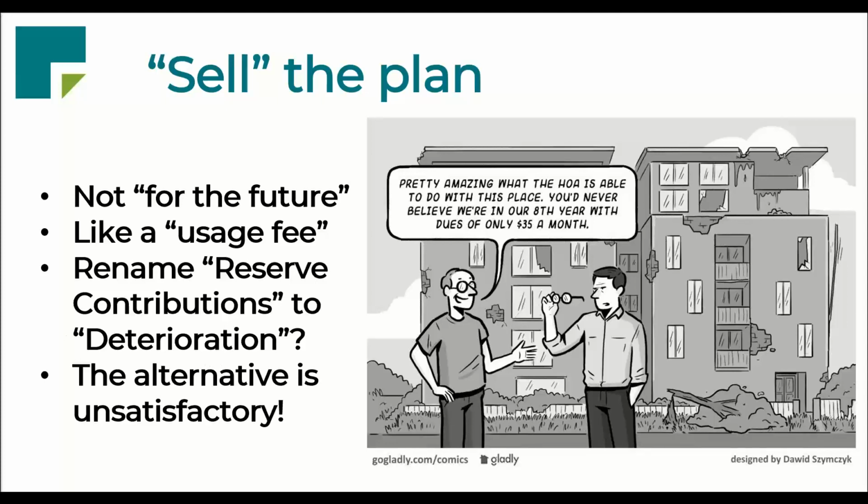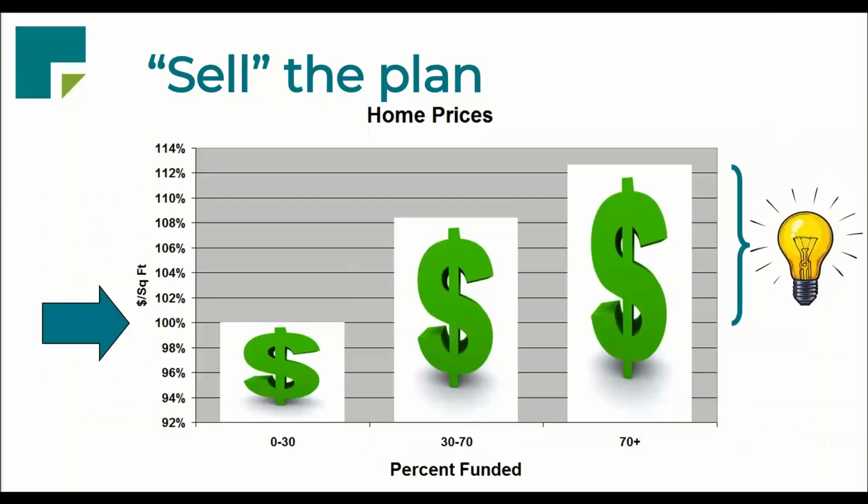So understand that there's two ways to look at it. And one way to encourage your homeowners that this is a good plan is reminding them of a study that we did back in 2018 of about 100 associations in a very tight area of Los Angeles, where same socioeconomic, same physical situation, we had enough associations to be able to see what home prices were selling for.